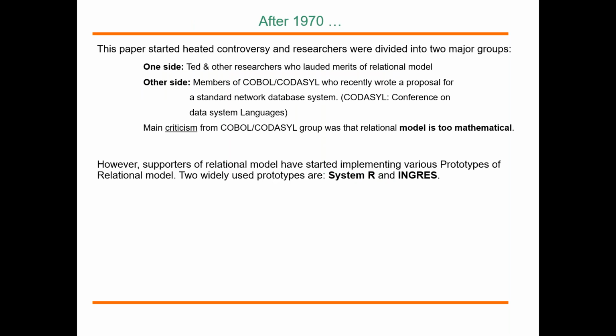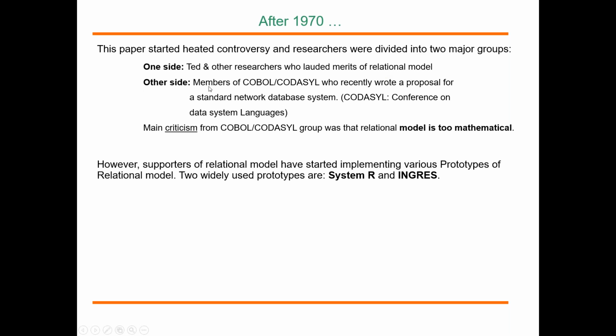Moving on, after E.F. Codd proposed his breakthrough relational model paper, the industry was kind of divided. The researchers were divided into two sides. On one side, E.F. Codd and other researchers who appreciated the merits of the relational model.